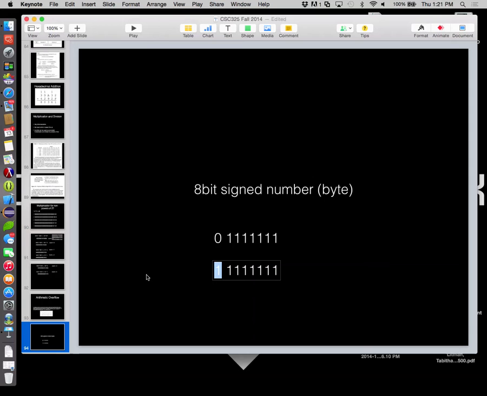What do you think? Talked about this one too. Because the 1 is 255 minus the 127. Ah, this is a negative 255.